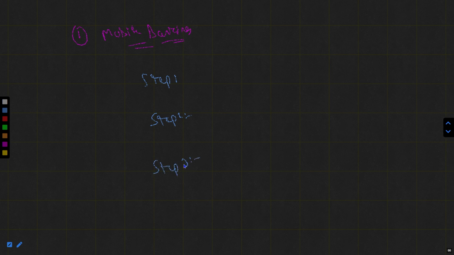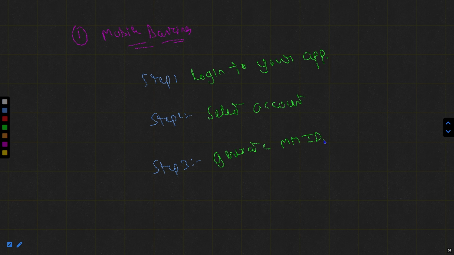There are 3 steps, so let's understand them one by one. First is log into your app. Second is select account. Third is generate MMID. Okay, so these are the steps in mobile banking.